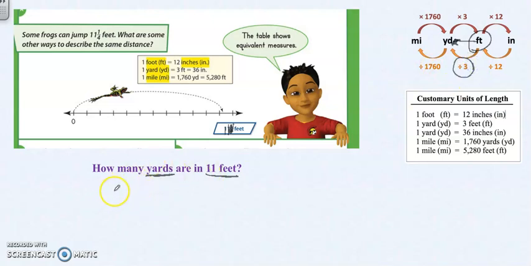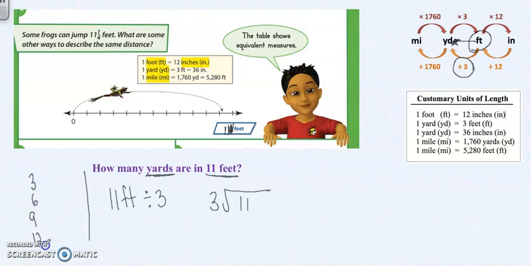So 11 feet divided by 3. Well, I could use long division for that. I want to make sure that I show my work, so I can show my workspace over here on the side. I can count by 3 until I get something close to 11.